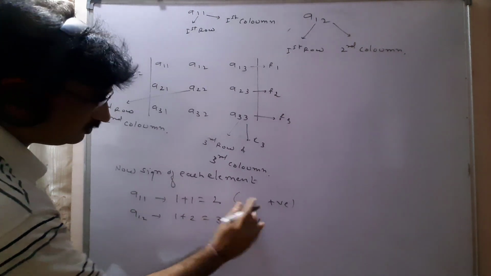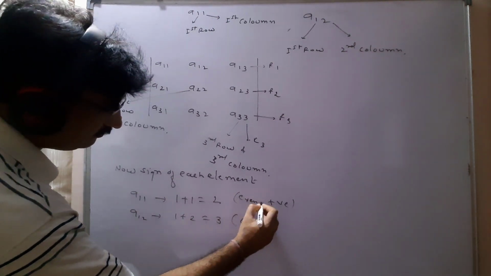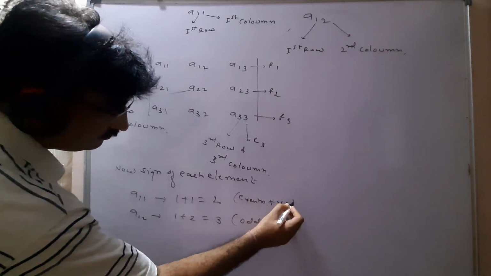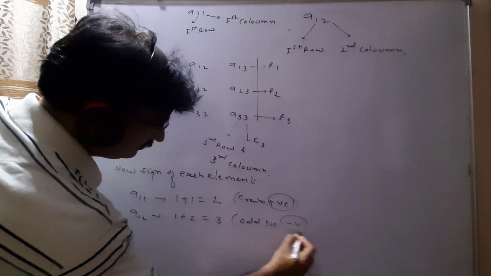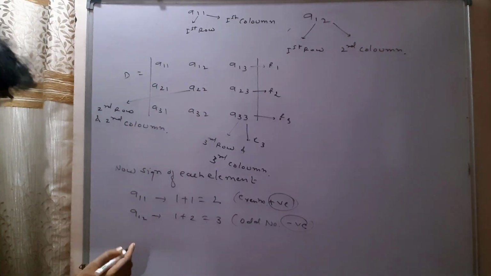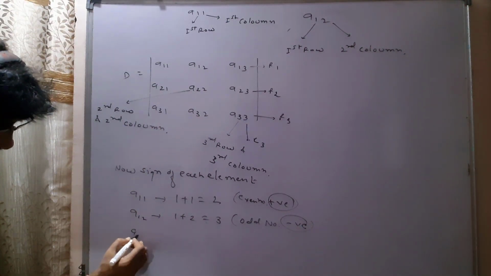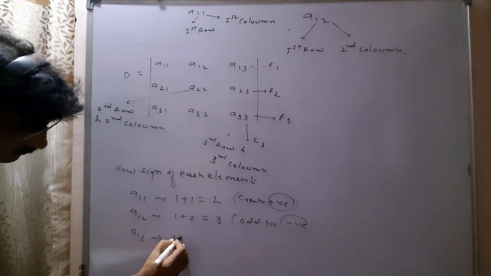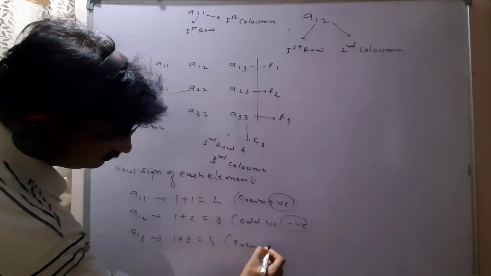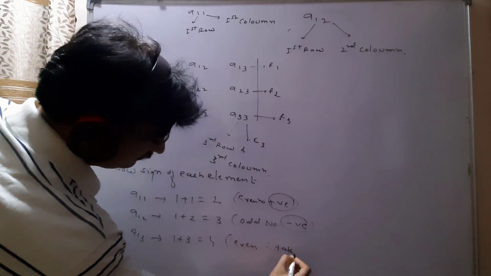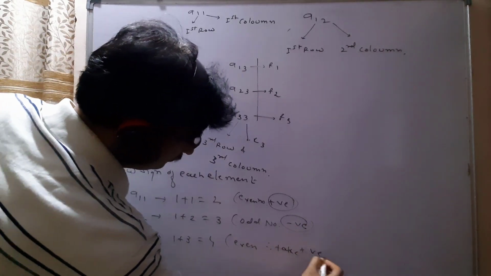Odd number. We can also write it this way: even number, so we take positive sign; odd number, so we take negative sign. In such a way, we have to continue. Suppose A13, that is 1 plus 3, that is 4. Even number, so therefore we take positive sign.